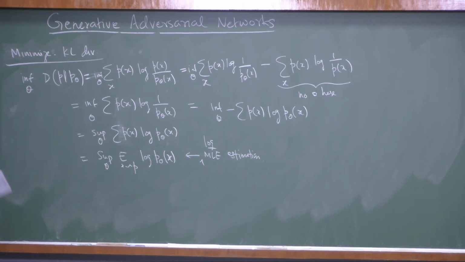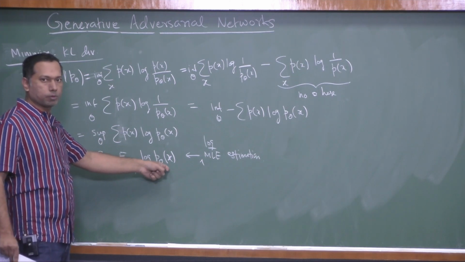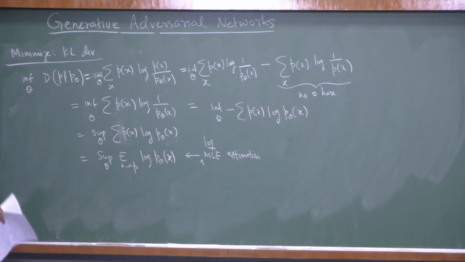So what we want to say now is that minimizing the KL divergence is the same thing as maximum likelihood estimation over the given data. That's an interesting observation, and it also tells us where we are going.